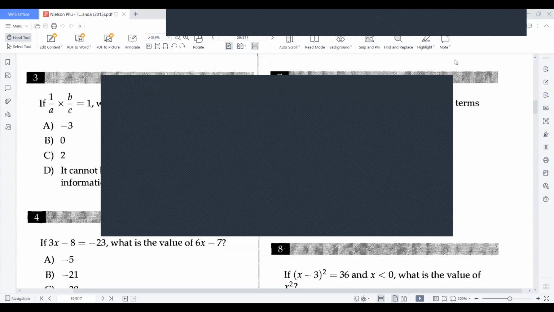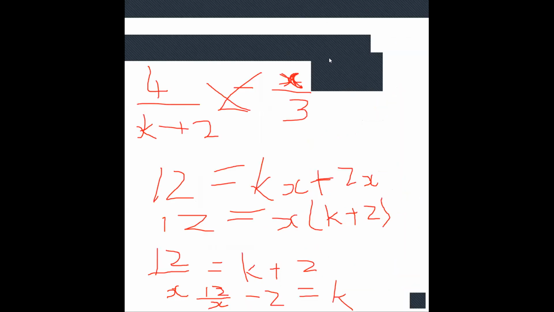Why is that so? Well, because when you say 12 over x minus 2, you're basically implying that 12 and 2 have the same exact denominator, which is x. No, that's not how you do it. Like if you say 1 over 2 minus 1, then you're not saying that 1 here has a denominator of 2.